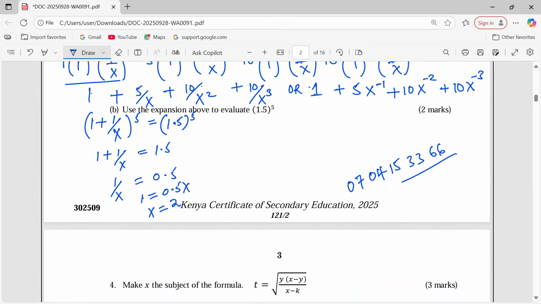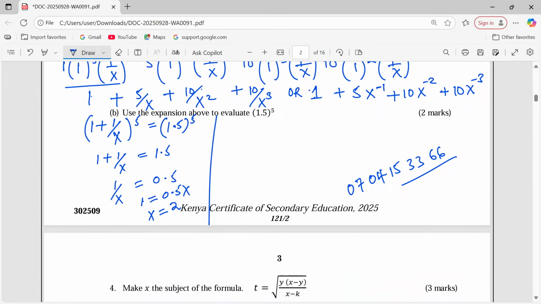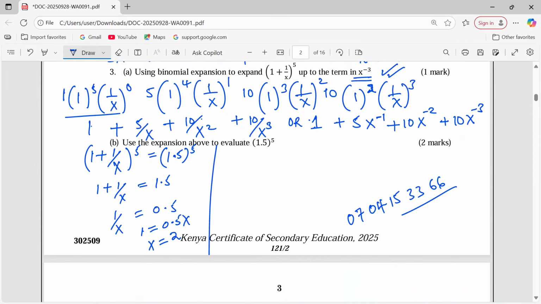So now if x equals 2, we substitute it in the equation, and we can have 1 plus 5 over 2 plus 10 over 2 squared plus 10 over 2 power 3.